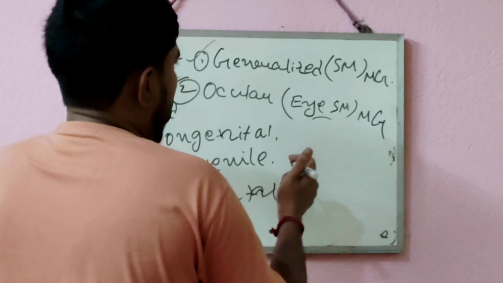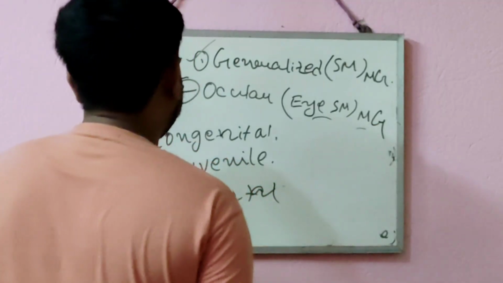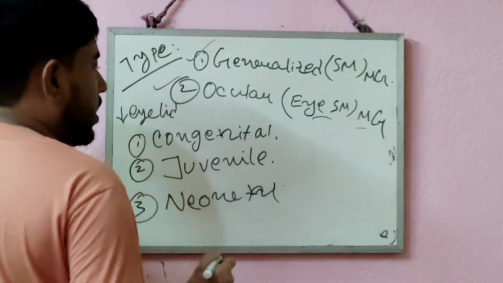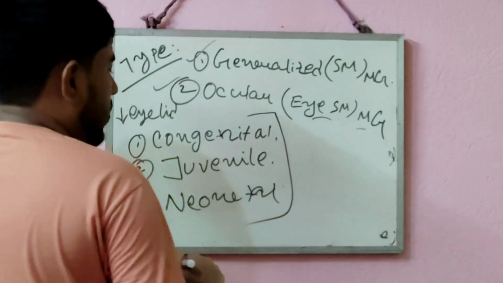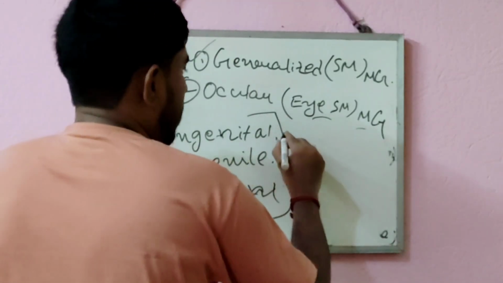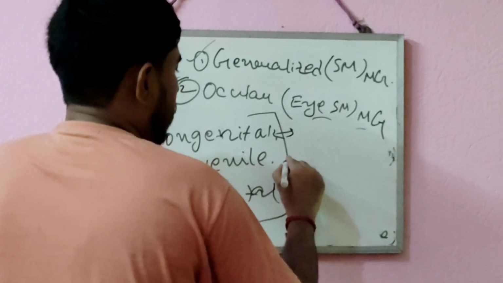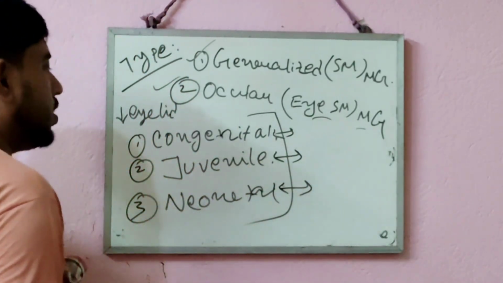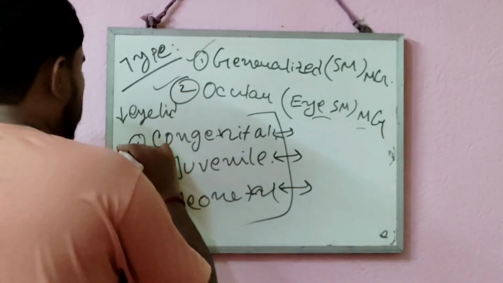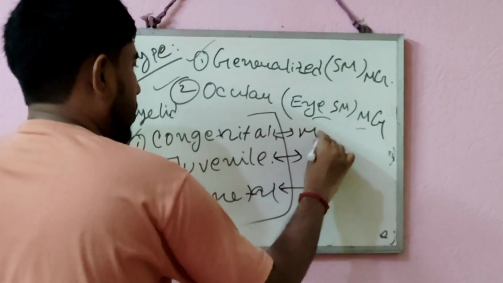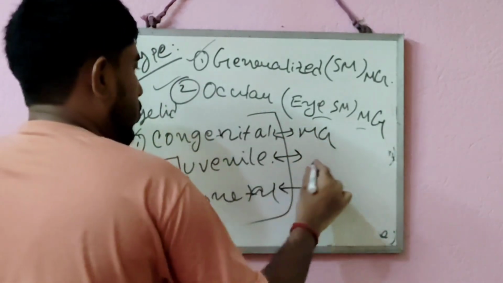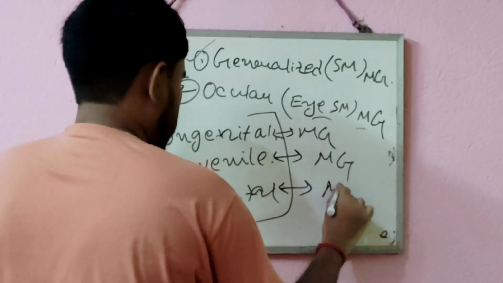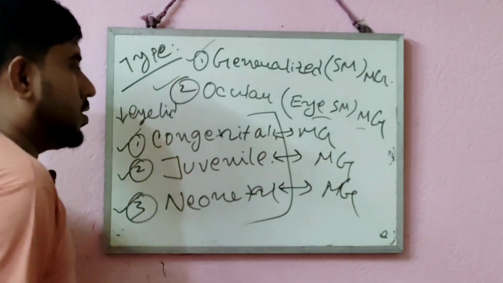It is called ocular myasthenia gravis. Sometimes myasthenia gravis can be classified according to the patient's age, into three parts: congenital myasthenia gravis, juvenile myasthenia gravis, and neonatal myasthenia gravis.